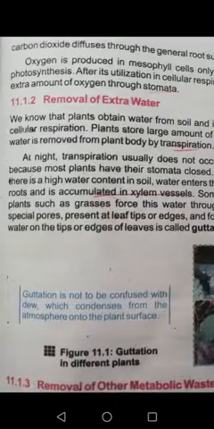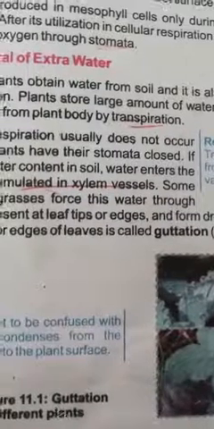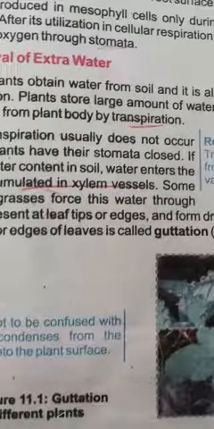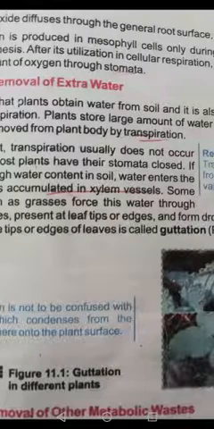There are some other plants like grasses. How do they remove their extra water? They have a special mechanism which is called guttation. What is guttation? Some of the water is removed from the leaves of the grasses. Leaves actually have small pores around the edges.